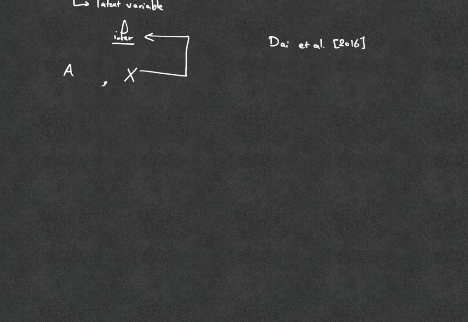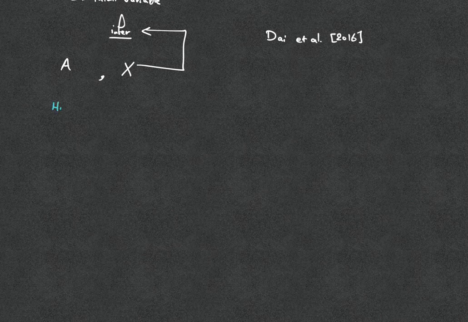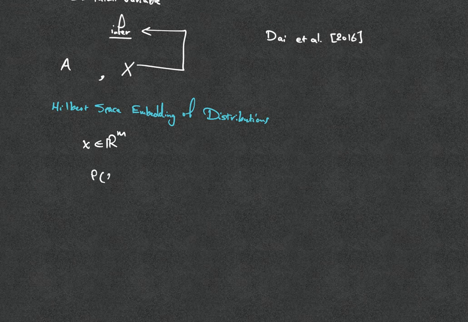The first thing we want to talk about is Hilbert space embedding of distributions. Consider a random variable x, which is m-dimensional, and consider the probability distribution p defined on this x.